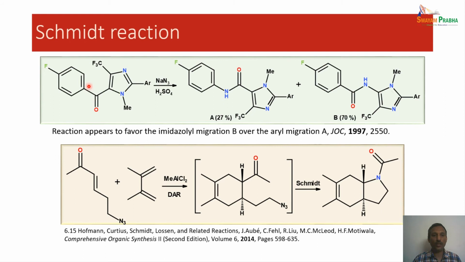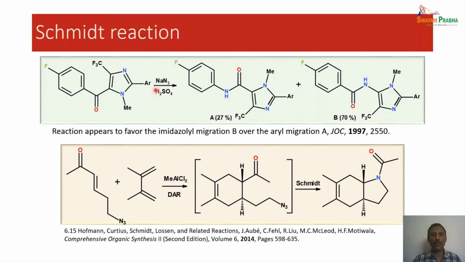So in this particular case, we have the aryl derivative with the fluorine, and we have an imidazole derivative as shown here. So these two groups can undergo rearrangement. So either the aromatic ring with the fluorine can undergo rearrangement, that is the shift can happen from carbon to nitrogen, or this particular imidazole derivative can move.